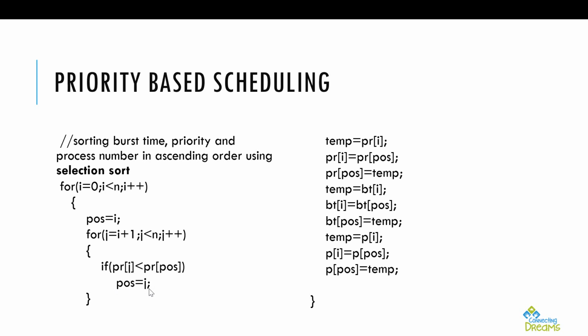So in case it is true, the second position is assigned to the first position, and then swapping takes place between the first and second elements, in the burst times of the first and second elements, and in their priorities. If the second element is not smaller than the first element, the swapping also happens, but it doesn't make any difference because all the elements remain in the same place. So with the help of selection sort, we are able to organize the processes.